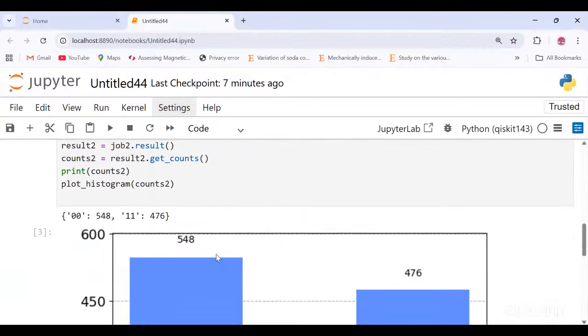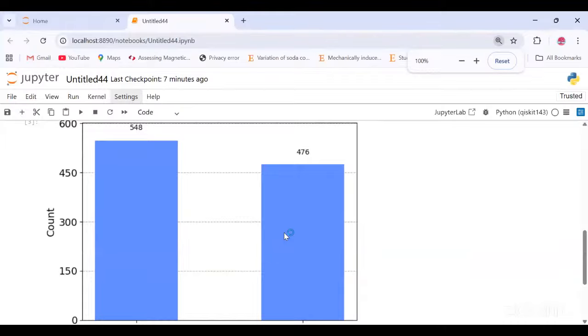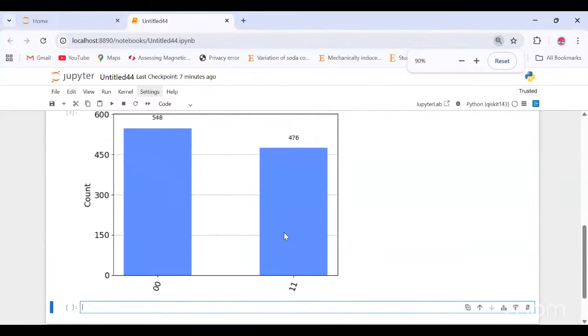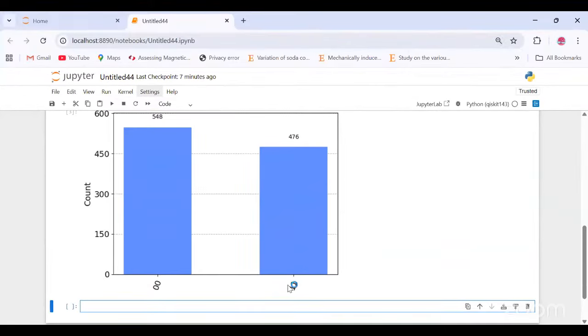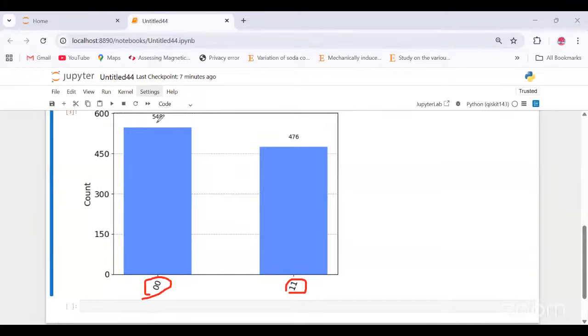I have run the histogram here. This histogram gives a value like this: there is a 00 and there is a 11. The 00 has 548 shots and the 11 has 476 shots. So that gives a perfect correlation in the entanglement state.